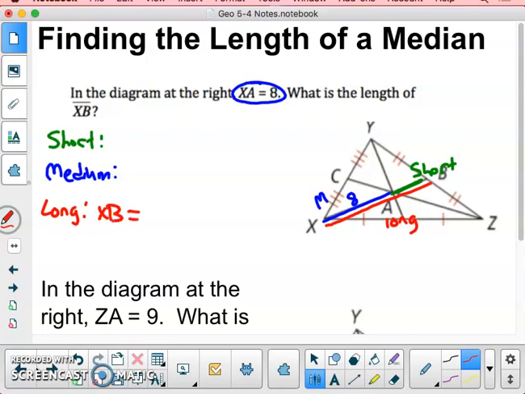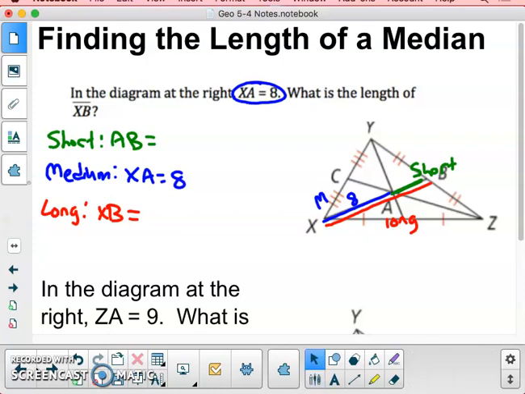So they want the length of XB. What they told us was that XA equals 8. That was given. I need to find the short piece, which is AB, so that I can add it to 8 so that I can get the total. Okay? What I know from the theorem before is that the medium piece is 2/3 of the entire red side. The green piece is 1/3 of the entire red side. So instead of using fractions, what I would do is look at how much bigger the blue one is than the green one.